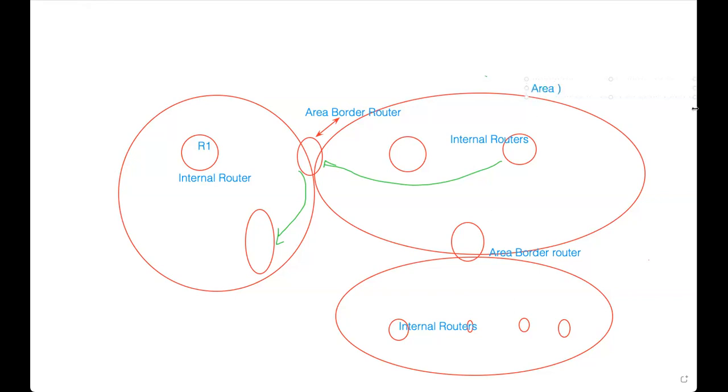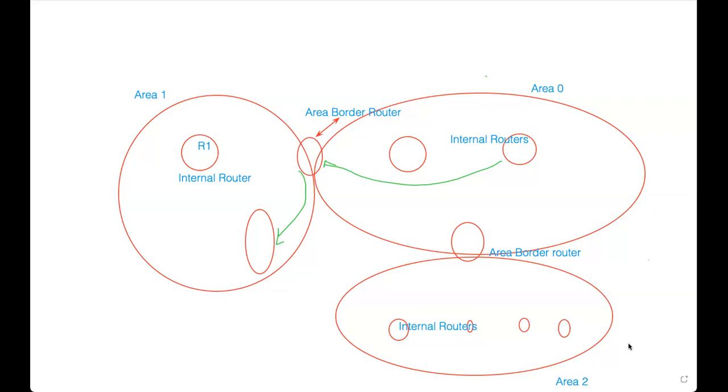Area 0, area 1, area 2. So which area is the backbone area, guys? Area 0 is the backbone. Yes, because area 0 will be connecting all the other areas.